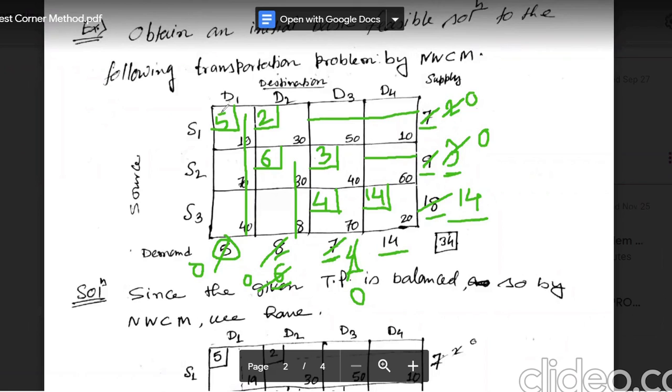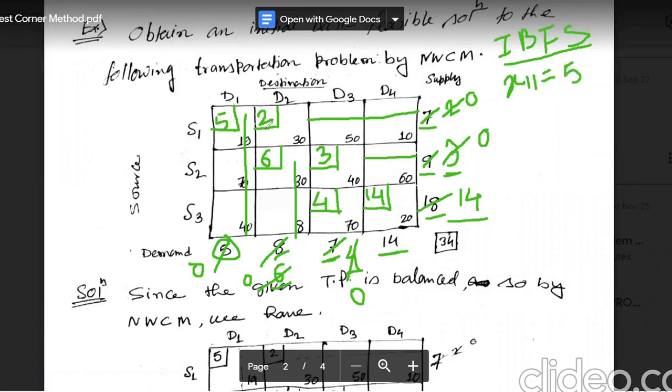So in that way, we start from the northwest cell, move like this, and reach the last cell. So our initial basic feasible solution is what? First here, 5. That is at the position of X11. X11 is 5.